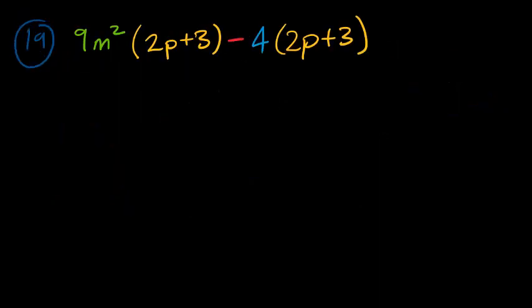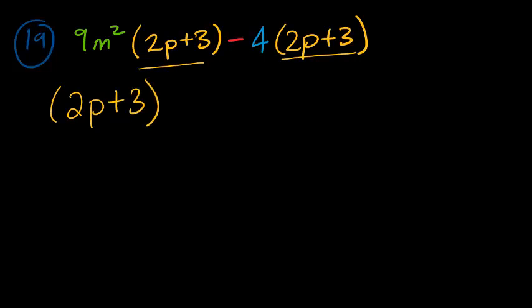Question 19. We can automatically see by the color that we've got a common factor. So I'm going to take out 2p plus 3, and we're never going to touch that again. And then my second bracket is going to be 9m squared minus 4.